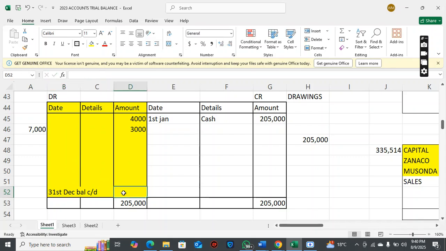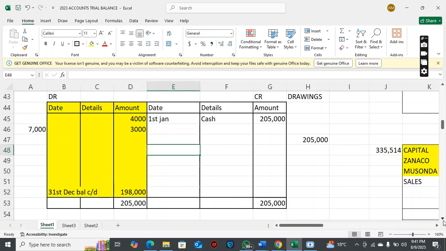So balance carried down, we're going to subtract now. We're going to say credit minus debit. This time it's credit minus debit. Now, in the previous example, it was debit minus credit. So 205,000 minus 7,000, we get 198,000.